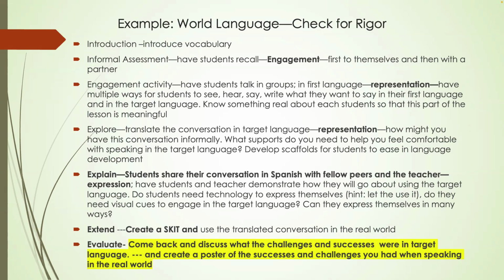And last week we said that the learning objective will be the last 2 lines of this lesson. So that's the extend, which is create a skit and use the translated conversation in the real world, and evaluate, come back and discuss what the challenges and successes were in your target language, and create a poster of the successes and challenges you had when speaking in the real world.